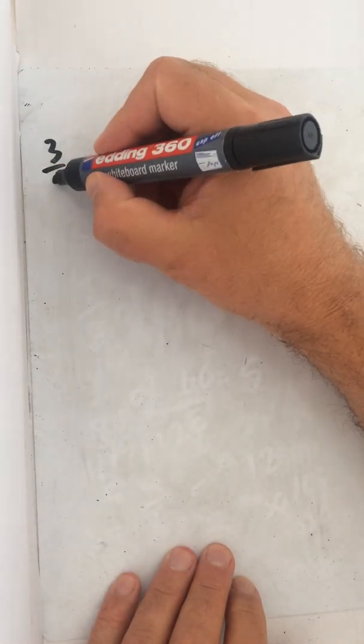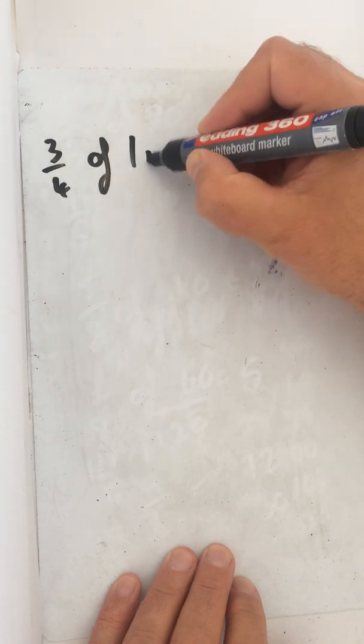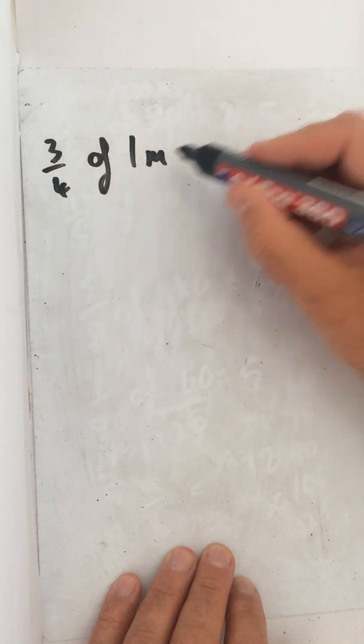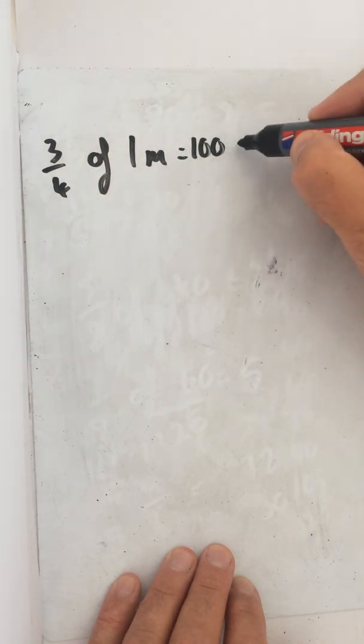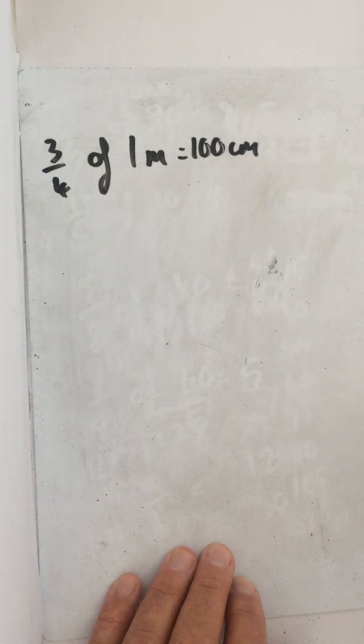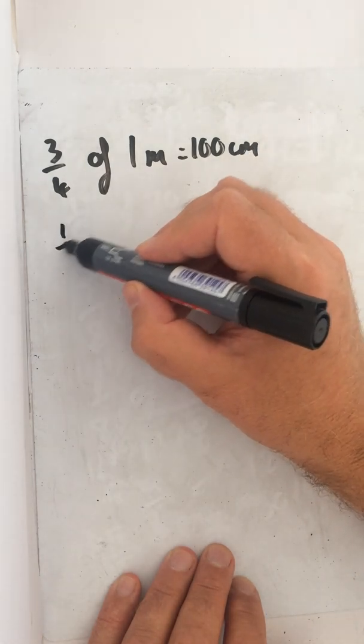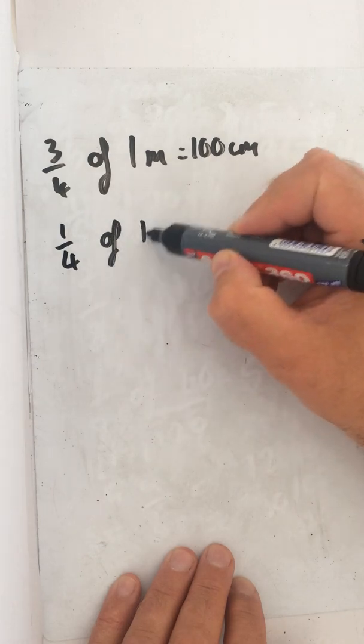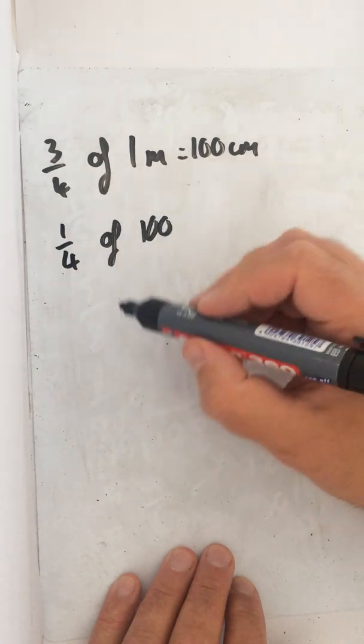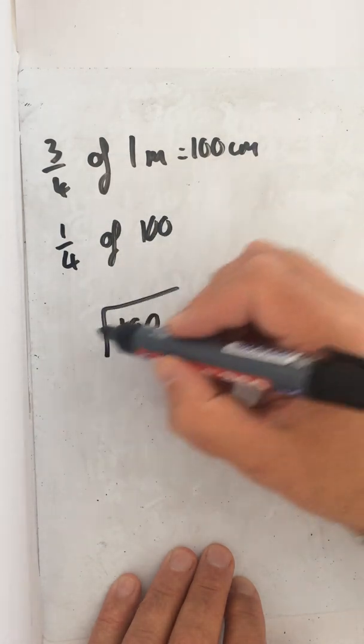It does get a bit trickier then. So we've got 3/4 of 1 meter. Now we're going to turn this 1 meter into 100 centimeters, which makes it much easier. So I'm going to find 1/4 of 100. How many 4s in 100? Again, if I need to, I can do my bus stop method.